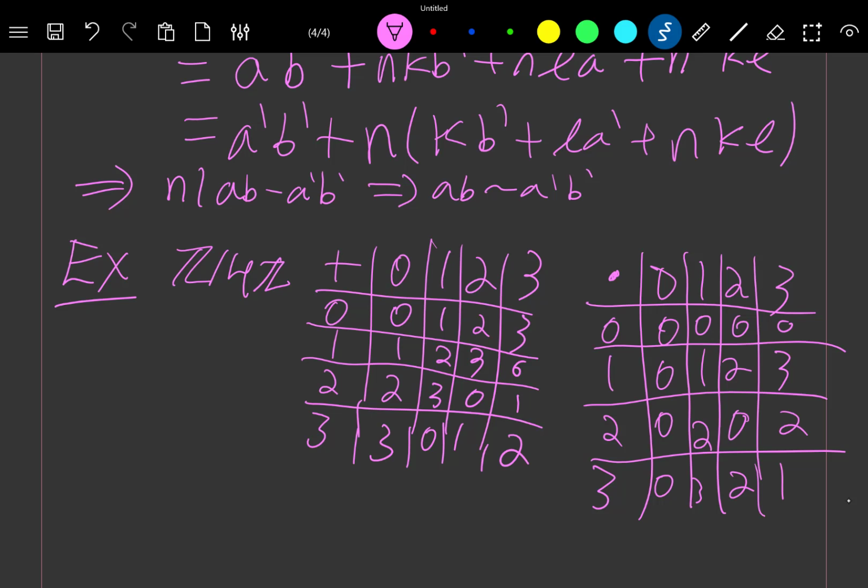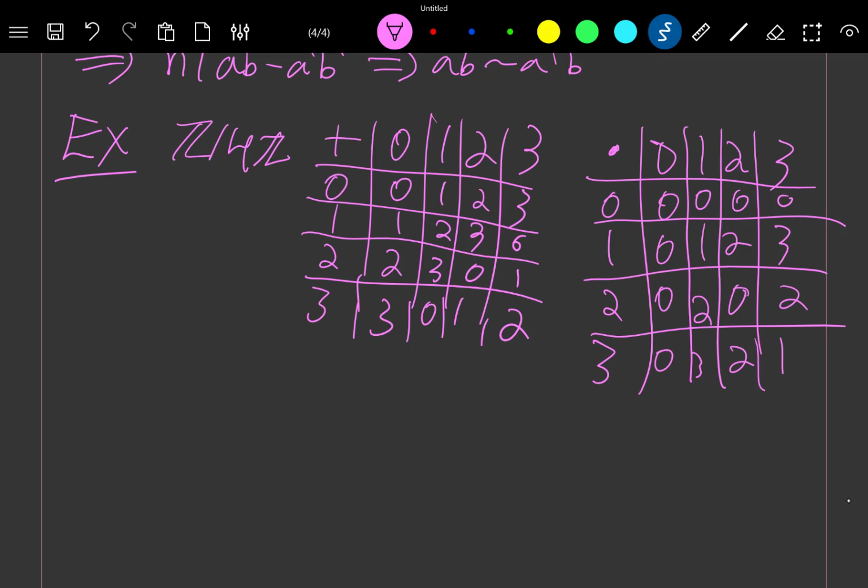So the strange thing in this multiplication table is if we notice 2 multiplied by 2 is 4, which is 0. So we have two non-zero things multiplying to get something that is 0, which is a bit strange.